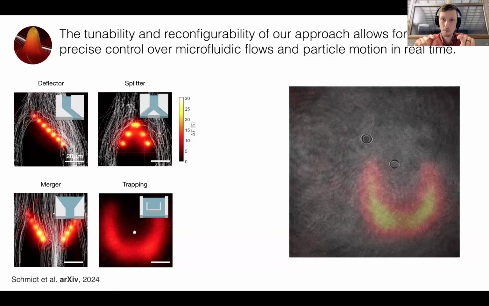If we change the laser power, we change the convective force mostly. If we increase the laser power, the temperature gradient is stronger, and therefore we push the particle away. Then we decrease the laser power, and the particle comes back down. And so you really have a 2D control, because you can imagine you can move that whole trap left and right as well. And with that, you can control a single particle really, really well.